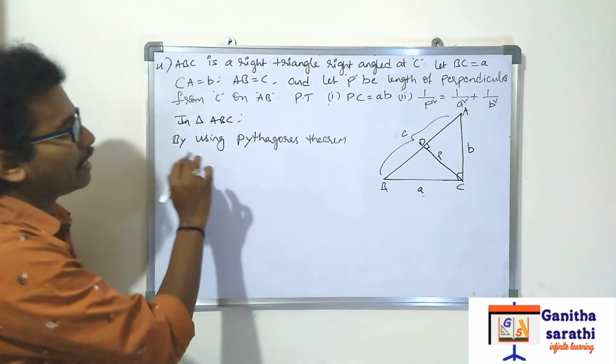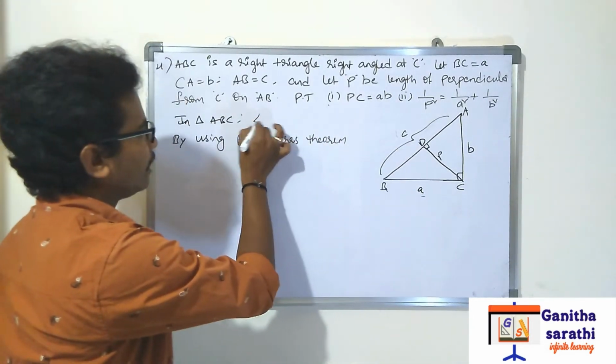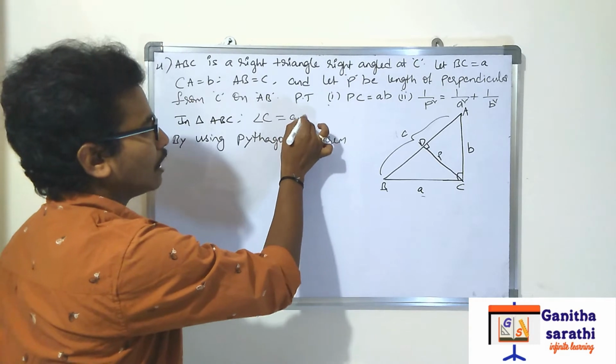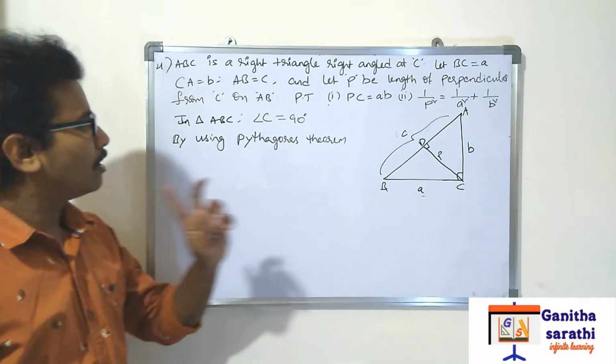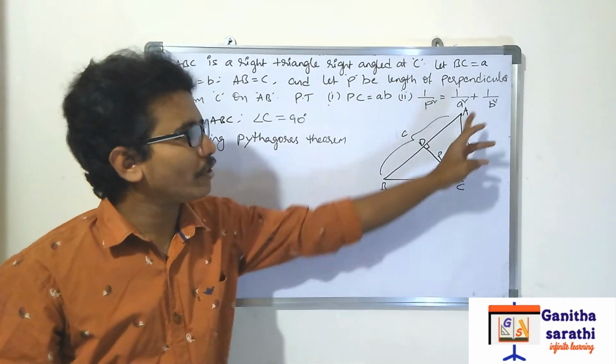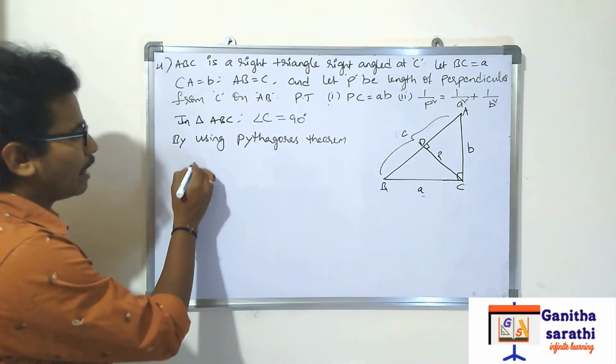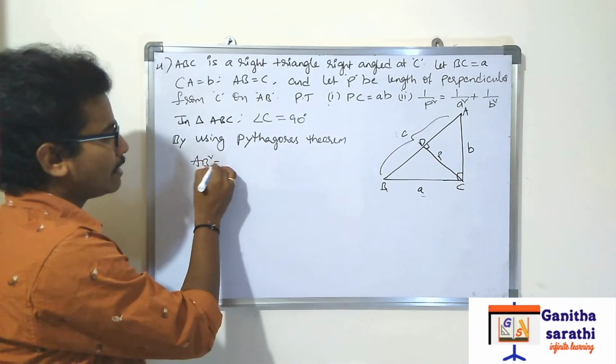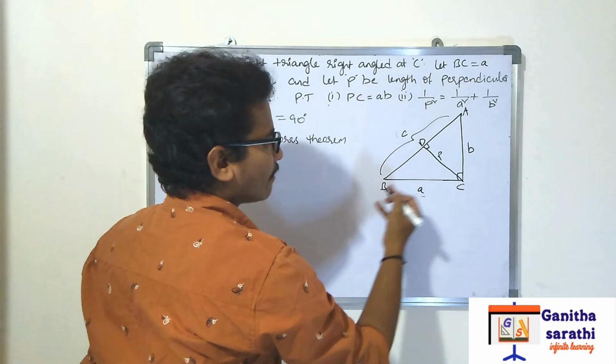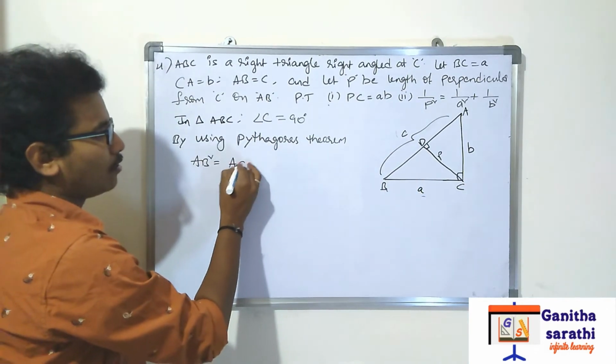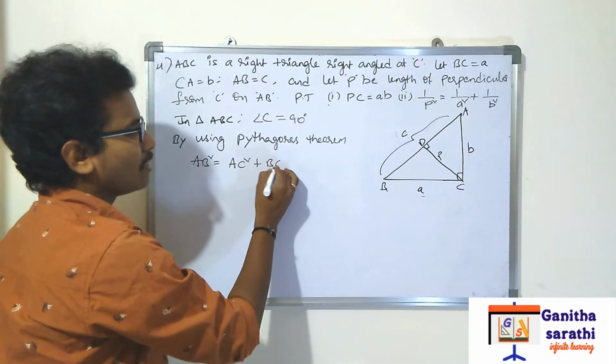What is the right angle in this triangle? Angle C is equal to 90 degrees. What is the hypotenuse? Hypotenuse is AB. AB square is equal to AC square plus BC square.